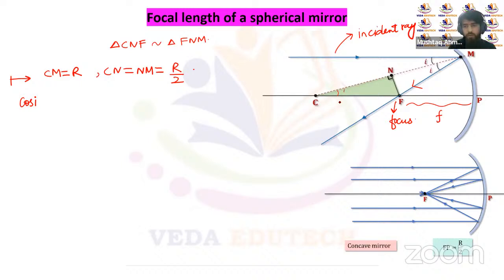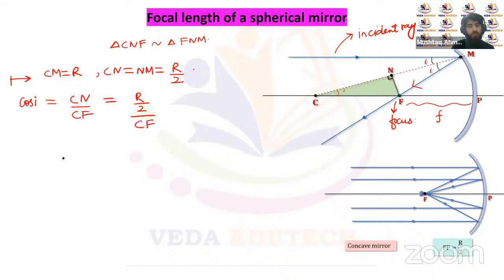So this angle at C is equal to I. So cos of I here will be base upon hypotenuse for this triangle, so it will be CN upon CF. Now the value of CN is R upon 2, so it will be R upon 2 divided by CF.